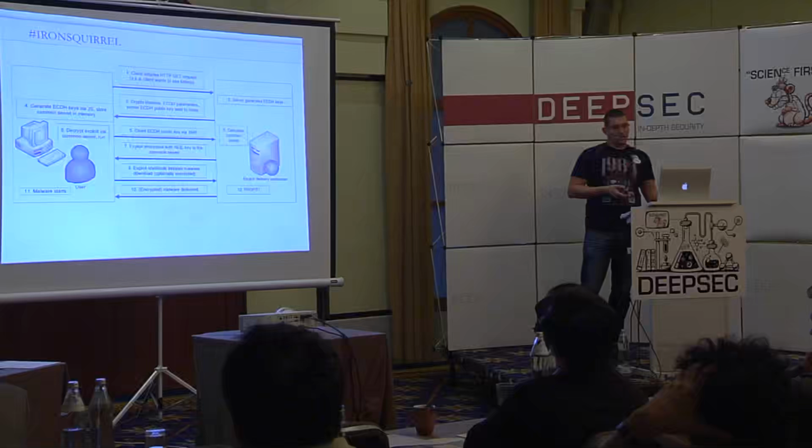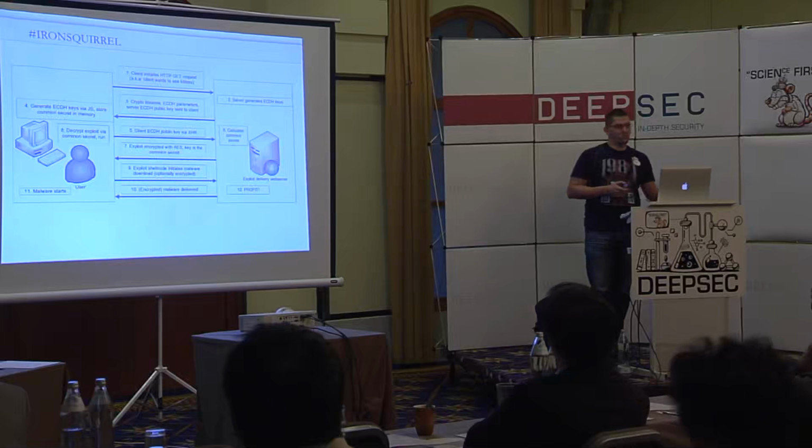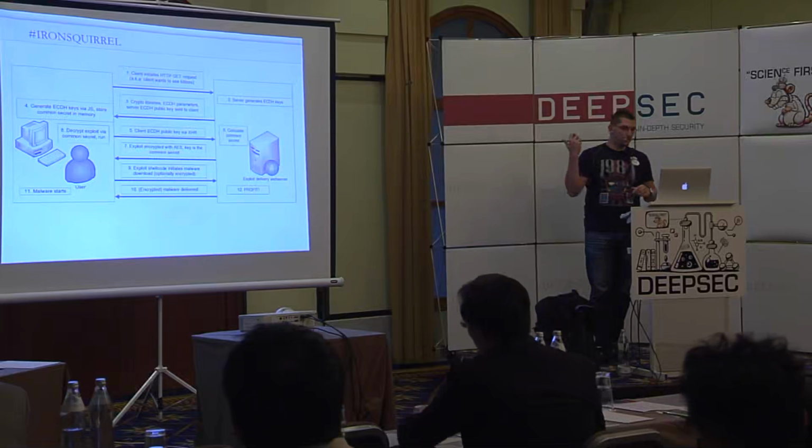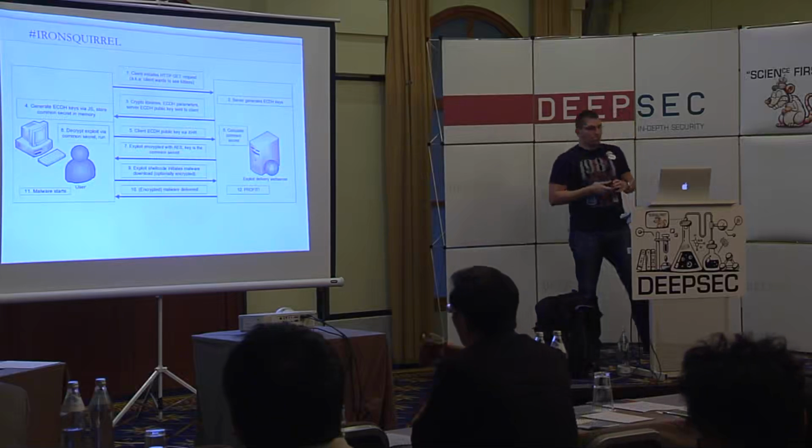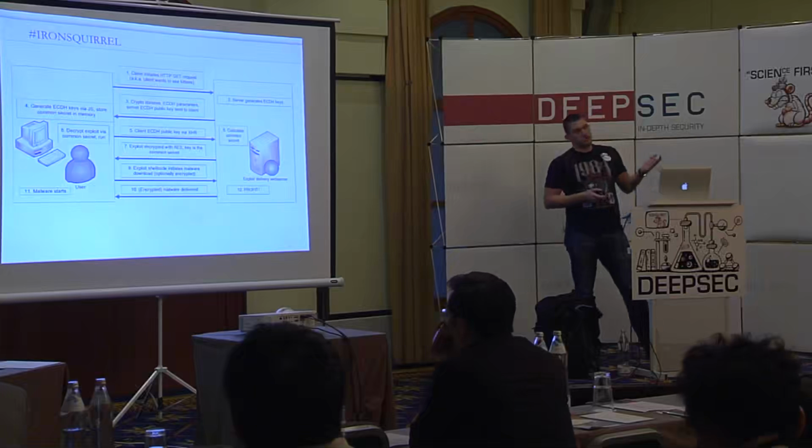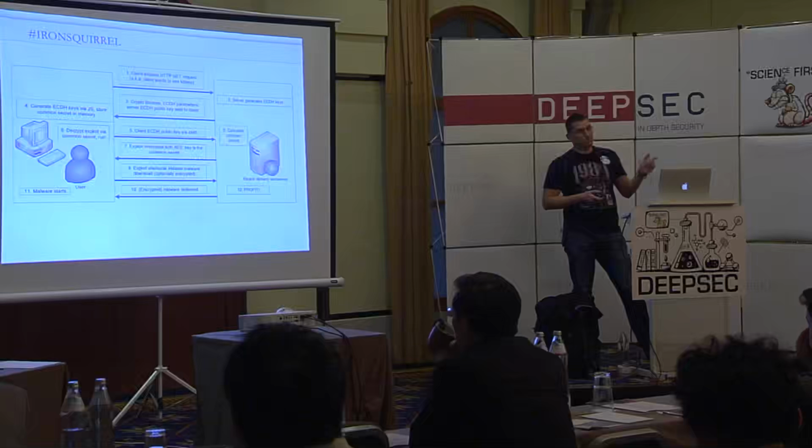In the fourth step, based on the crypto library, the client generates its own private key, and it can instantly calculate the shared secret key because it already has the public key from the server. Now the client sends its own public key to the server, and at this point they both know the same shared secret.